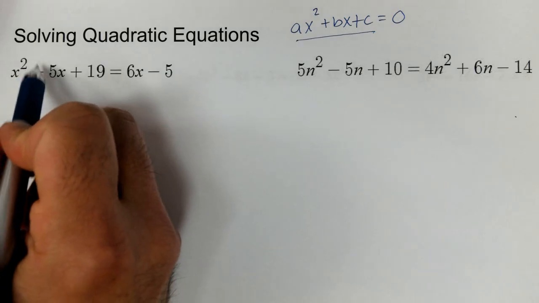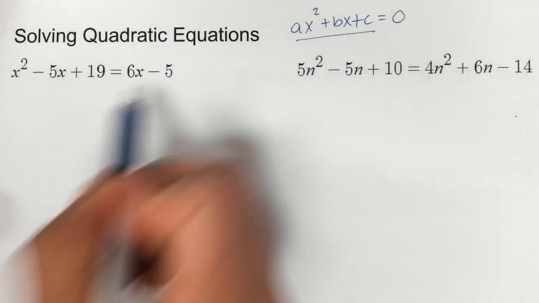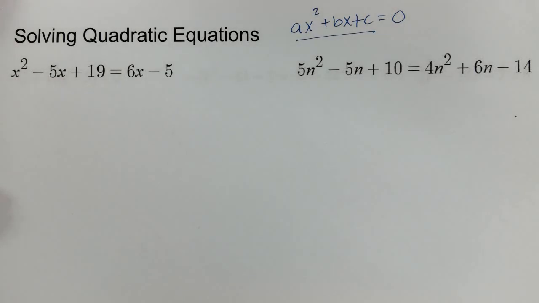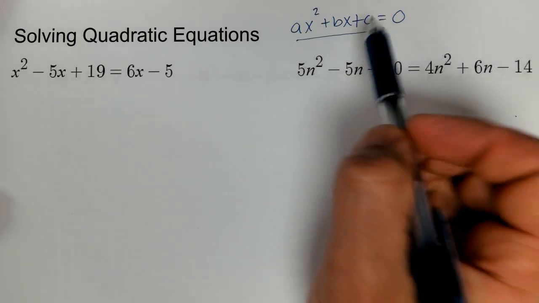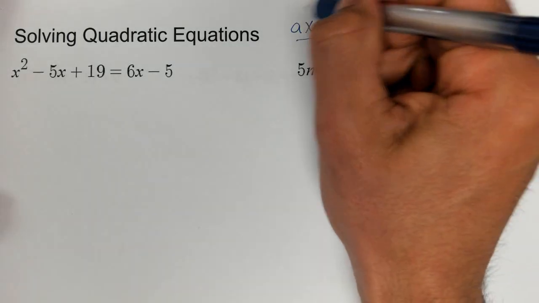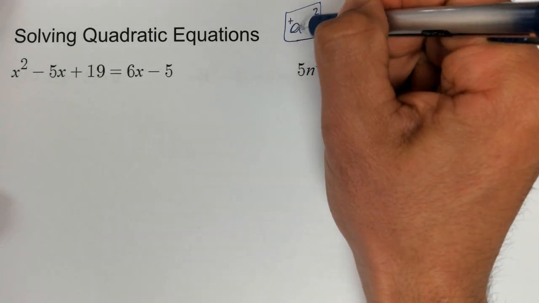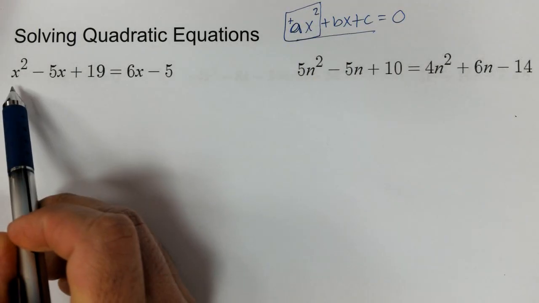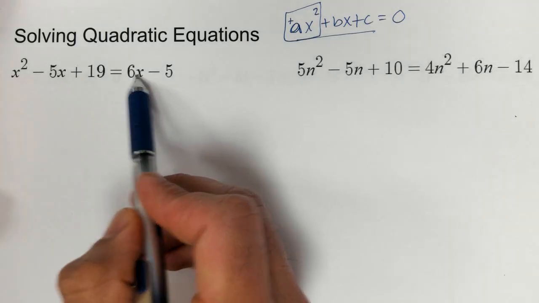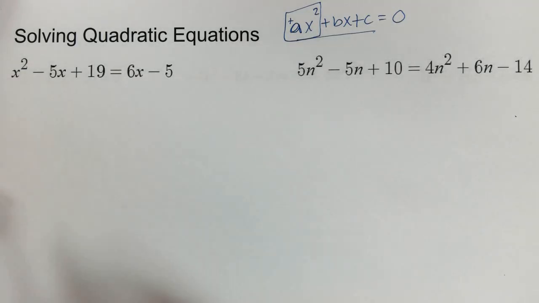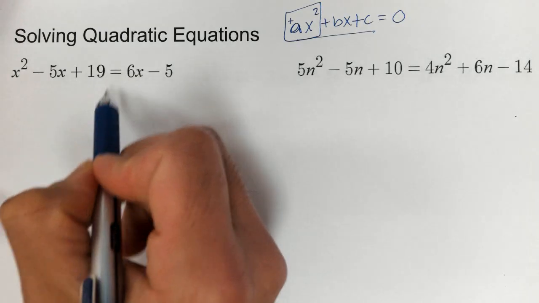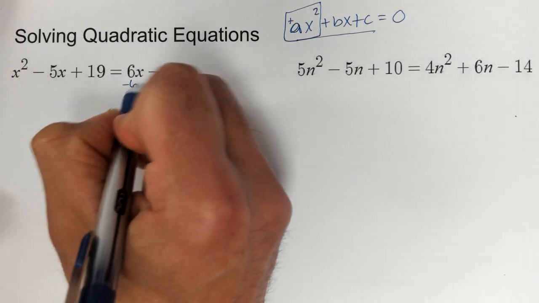Notice how square is the highest exponent that I see in the problem. So I'm going to move everything to the side such that the coefficient of x squared is a positive value. X squared is already positive on the left, so I'm going to move the 6x to the left and the 5 to the left. And since I'm crossing the equal symbol, I'm going to subtract 6x on both sides.